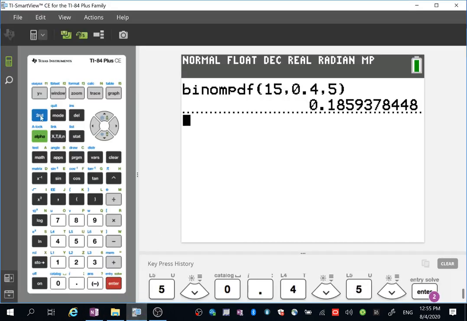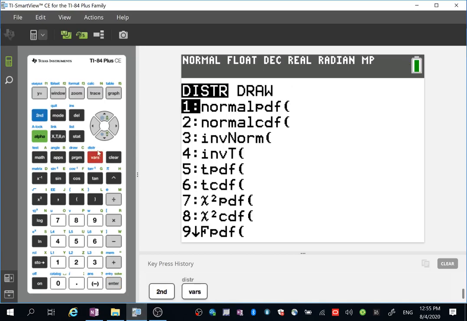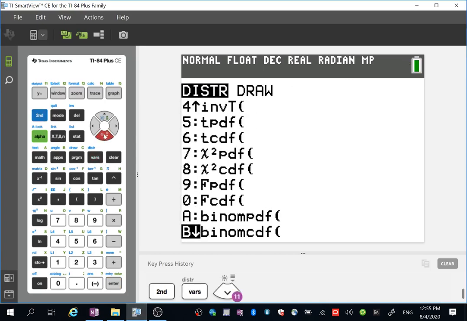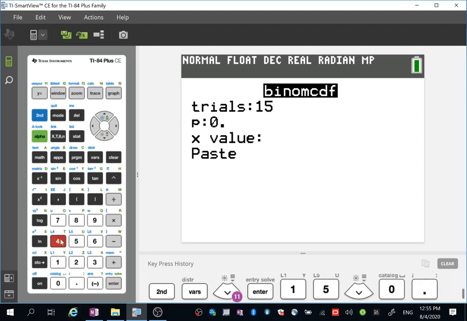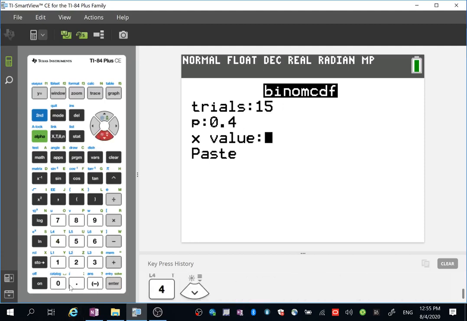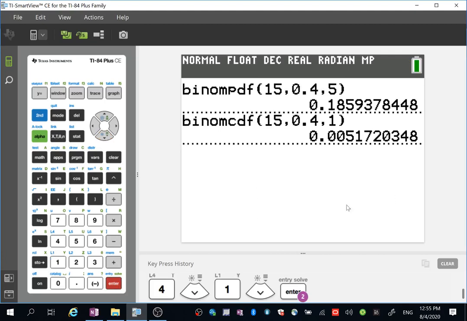Okay, so now to get into binom CDF, likewise second vars to get into distribution, and then binom CDF. We want to find probability x less than or equals to 1. So your n is still 15 and your p is still 0.4, and your small x value in this case will be 1. Then you press enter 2 times and you get the answer.